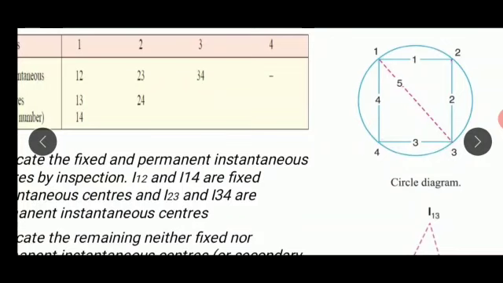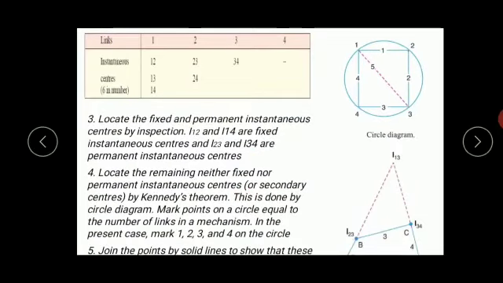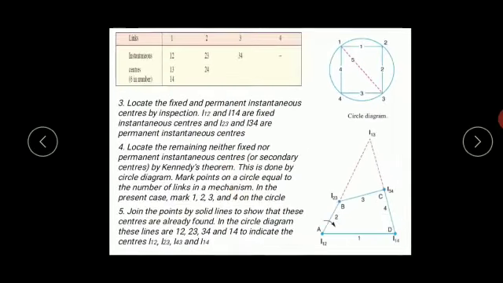So we will have this rectangle divided into two adjacent triangles: triangle 1 2 3 and triangle 1 3 4. Triangle 1 2 3 has two instantaneous centers, I12 and I23, and triangle 1 3 4 has two instantaneous centers, I34 and I14.